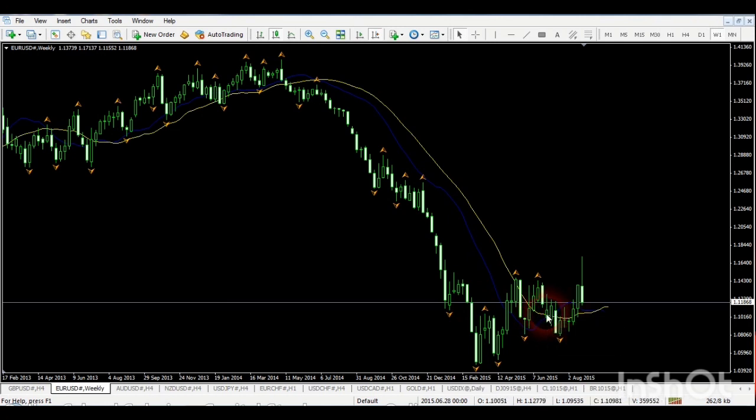And another cross has been created here. My blue line is coming from under the yellow line to the up. And it means that you should be sure that 2 candles are above the line.